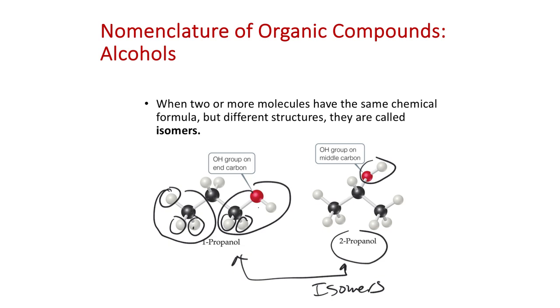We have to almost think about 3-dimensional shapes, which we haven't talked about how to sketch and determine. We don't get there until chapter 9. But once we get there, we're going to see that there are 6 different ways we could sketch 1-propanol. There are 2 different ways we could sketch 2-propanol, and those would be the exact same molecules as each other.